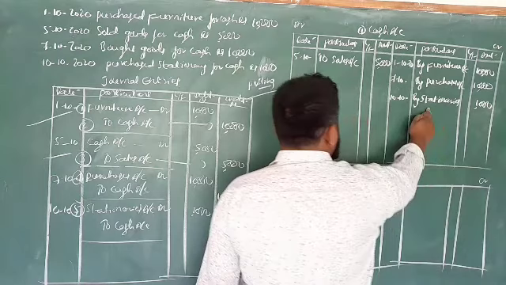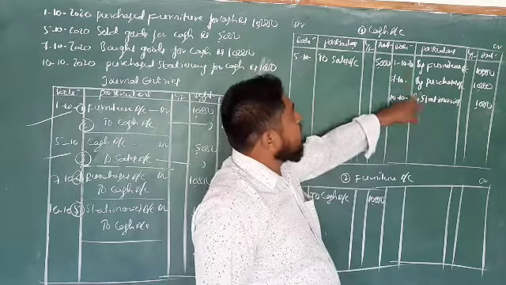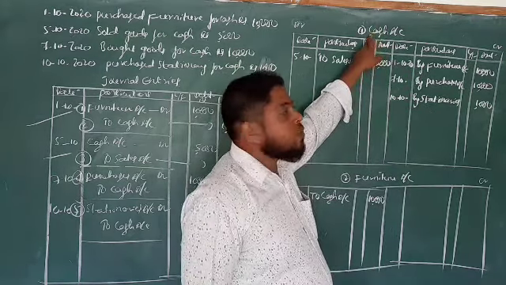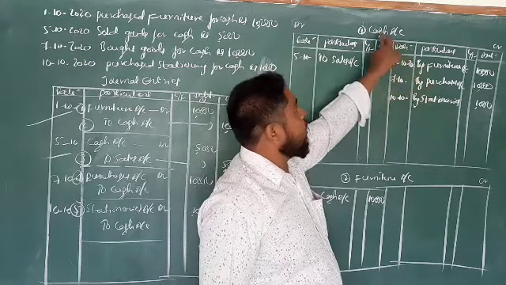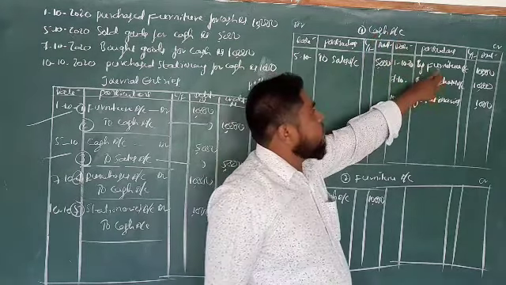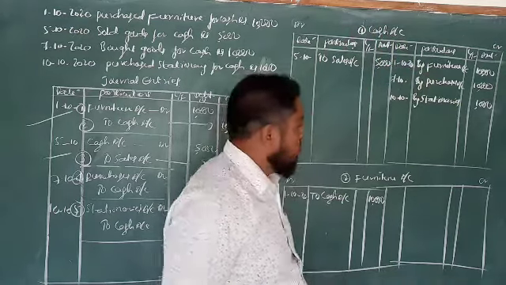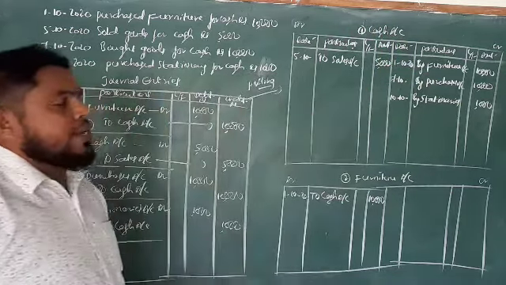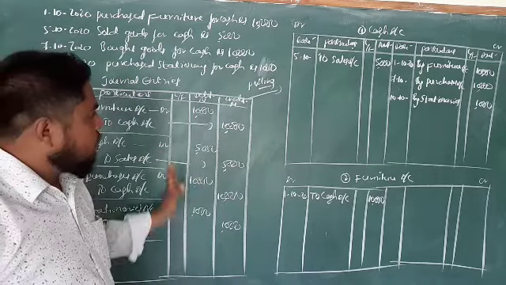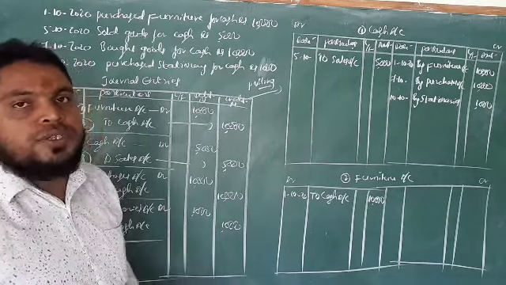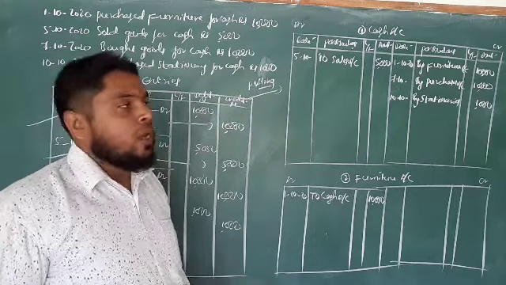In the stationery account, we have to enter the cash. In the purchases account, we enter cash. In the furniture account, we enter cash, that is the debit side. Like this, we transfer the entries from journal to ledger. That process is called posting.